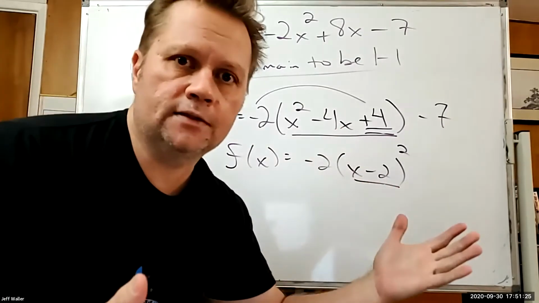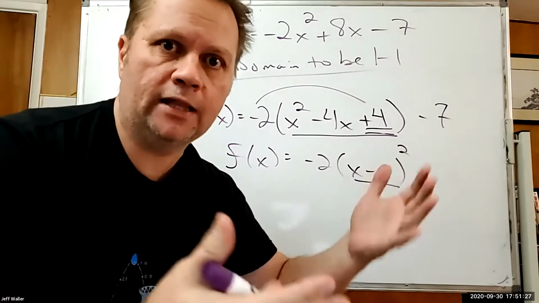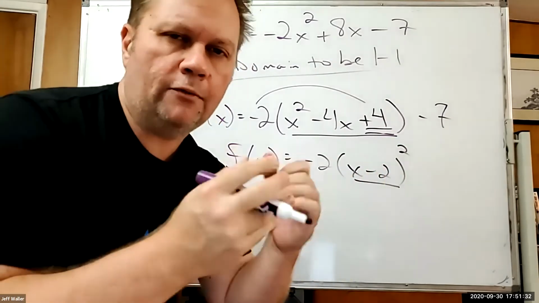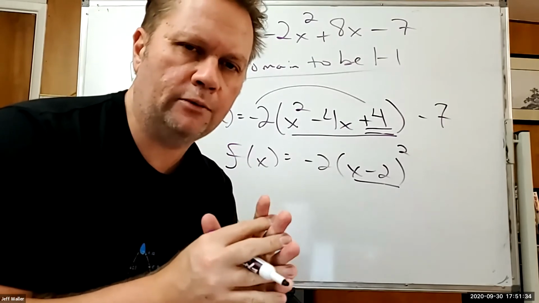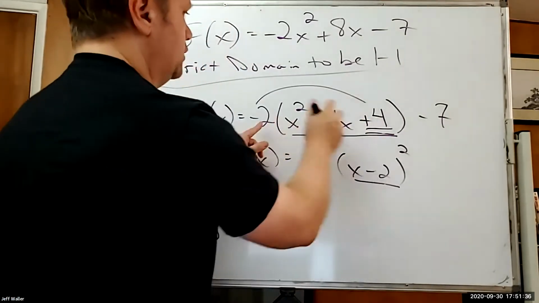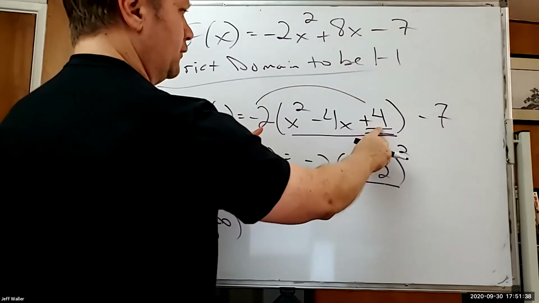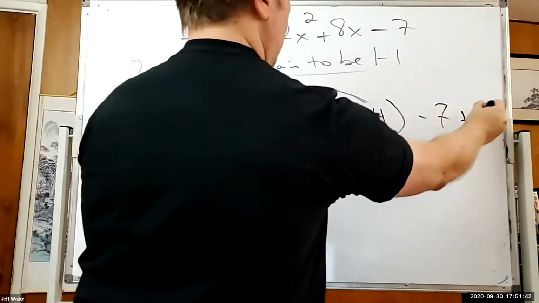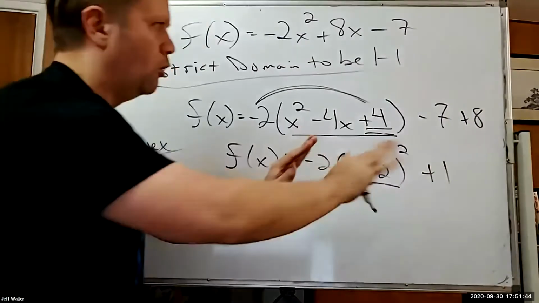That only makes sense; it came from how we developed completing the square. So I just put a +4 there, which is actually -8, so I better add 8 at the same time. Overall I didn't do anything.